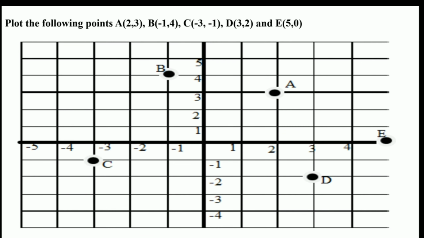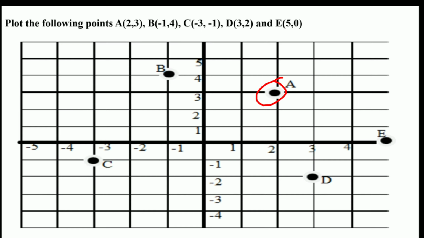Now let us have an example: plot the following points. Point A (2, 3), point B (-1, 4), point C (-3, -1), point D (3, -2) and point E (5, 0). So we want to plot these points. For the first point, A (2, 3), plot the point that is 2 units to the right of and 3 units up from the origin.